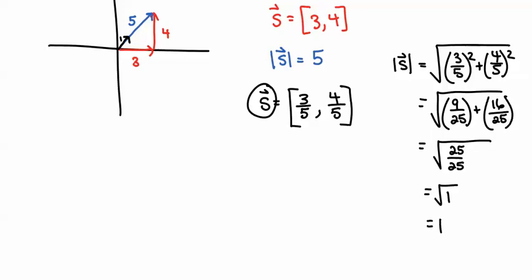So by changing this 3, 4 Cartesian vector into 3 over 5, comma 4 over 5, I've just turned this into a unit vector.